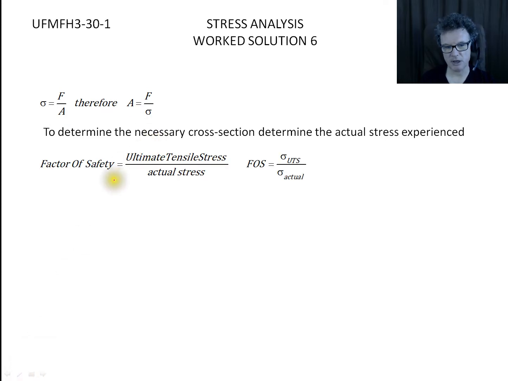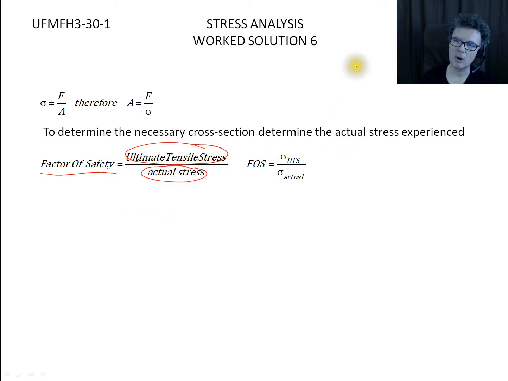So in this particular example, they use a factor of safety approach. The factor of safety approach is based upon the ultimate tensile stress, well, that's the ultimate tensile stress divided by the axial stress.